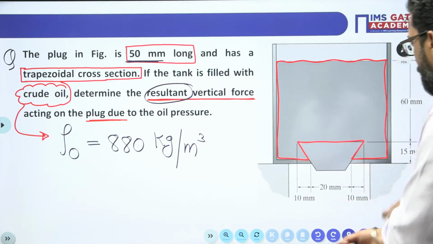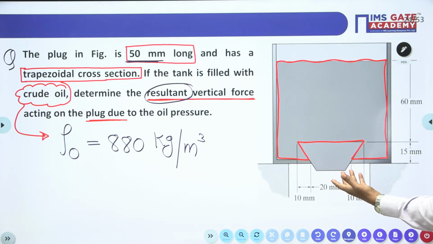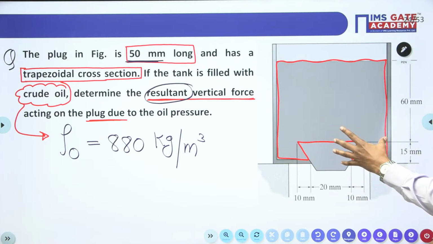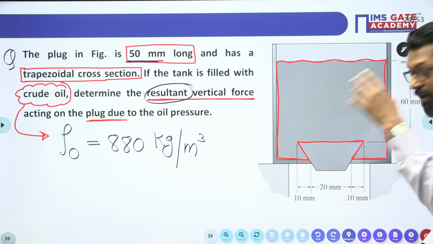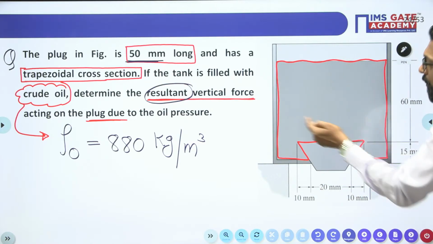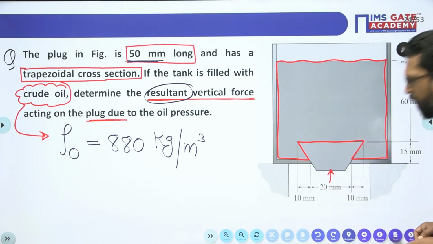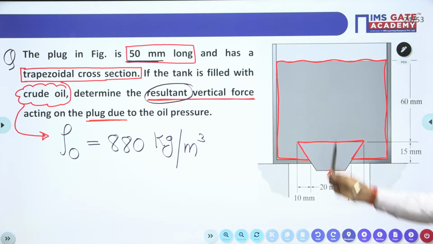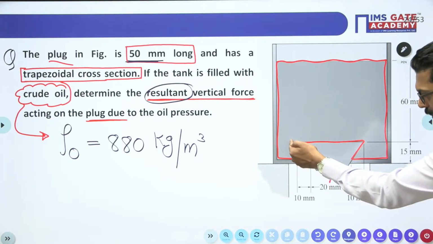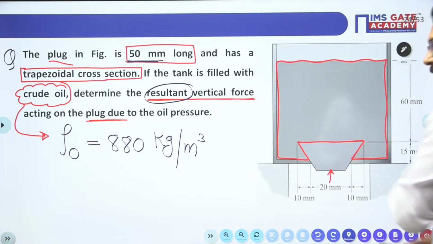See, there is a plug. What is the application of this question? Why is this question designed? Very important. If we withdraw the oil from the tank, you apply force on this plug, so the plug moves up and the oil is drained out from the side of the plug.